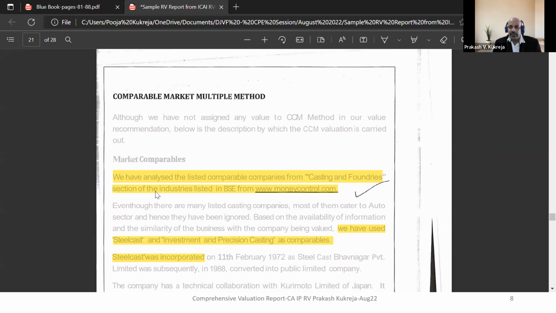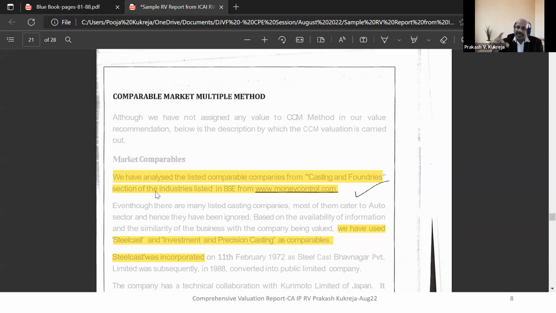So here, I think your question is, you are asking what method we should use. So this will again depend on a case to case basis. But here the point which I was trying to convey is that if you're using two different methods, you should very importantly justify why. Now, for example, if they use comparable market multiple method, the RV justified which two companies which are comparable he has considered, number one. Second, he has taken only 20% weight.